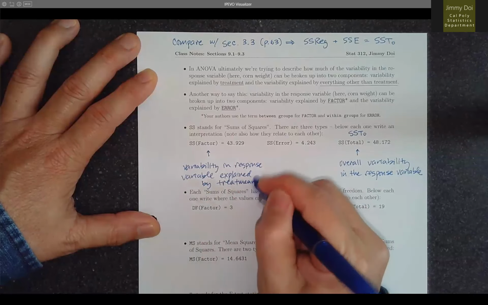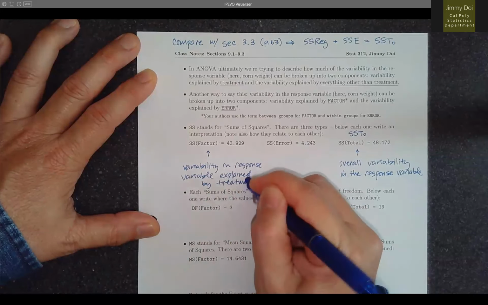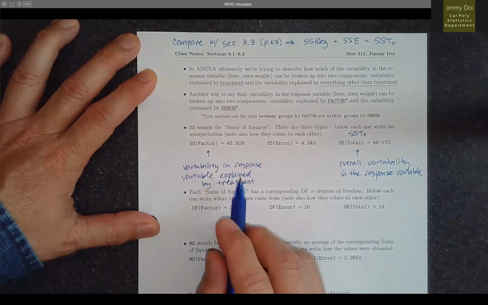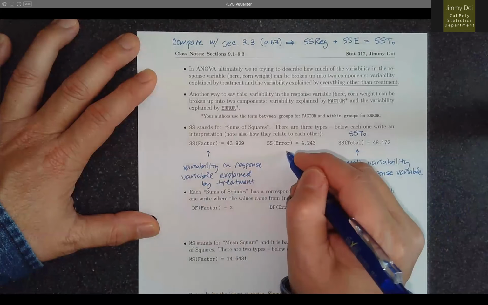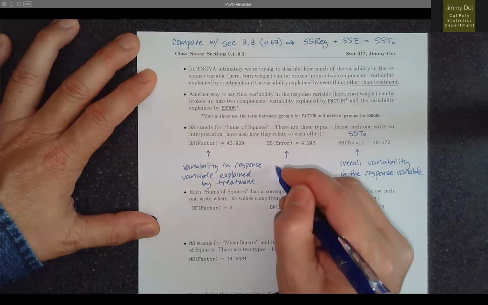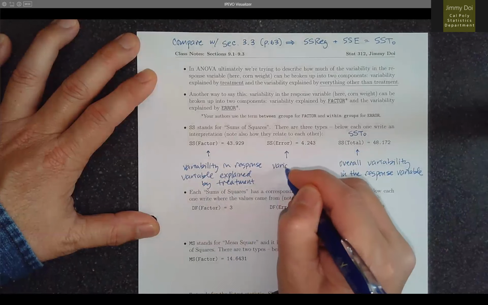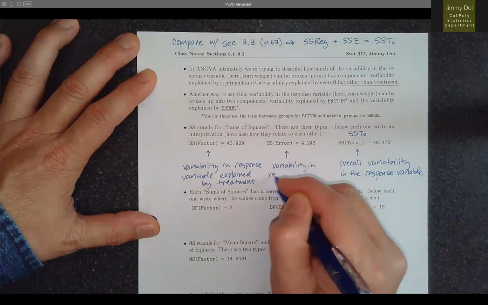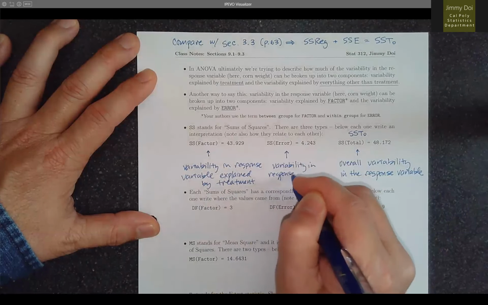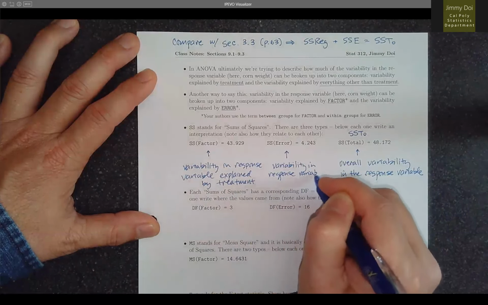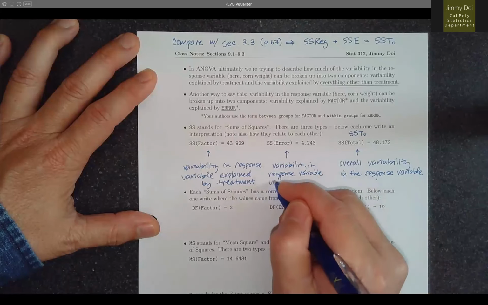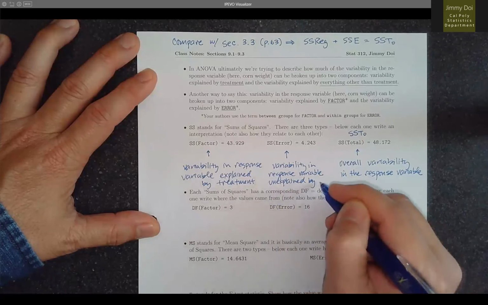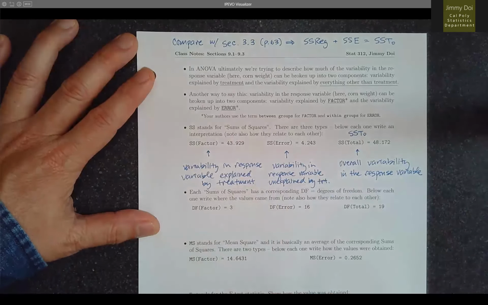So that's the variability in the response variable explained by the treatment. SS error or SS resid, I don't care how you want to label that. What would this be? It would be the leftover. This would be the variability in the response variable unexplained by treatment, TRT, okay?